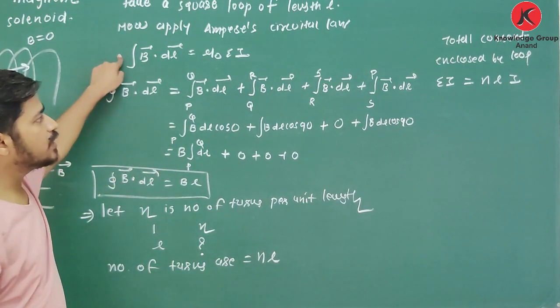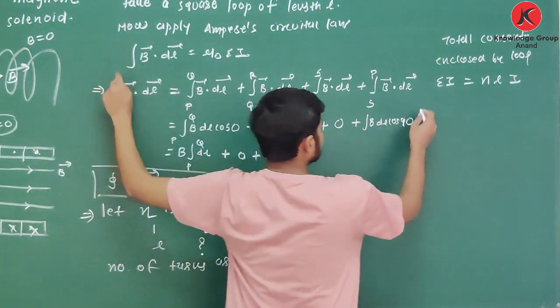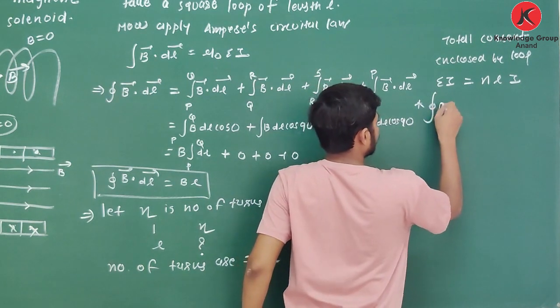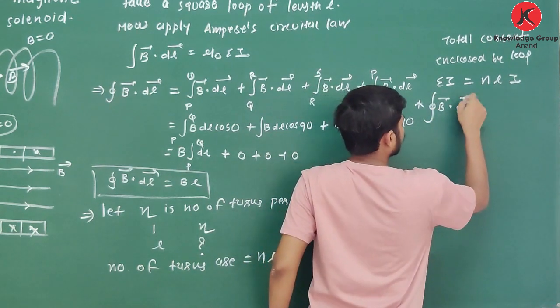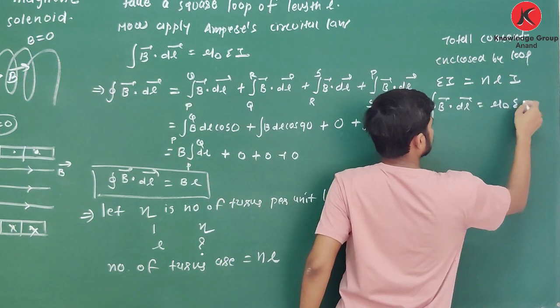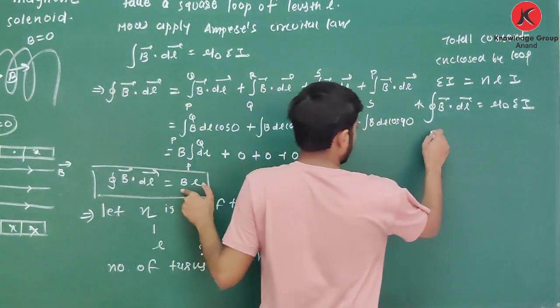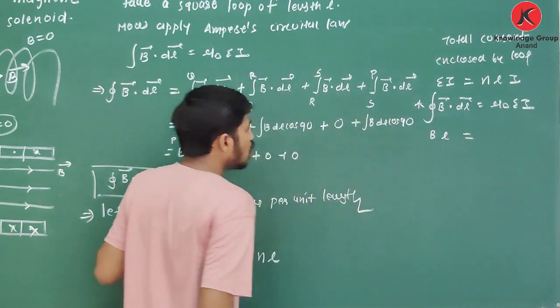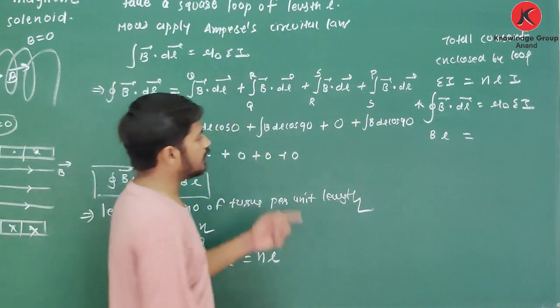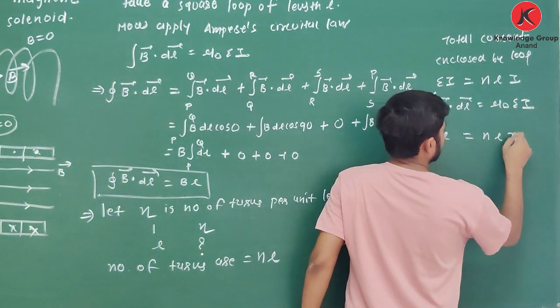Now use Ampere's circuital law: integration B dot dl is equal to mu 0 sigma I. What is the answer of integration B dot dl? It is BL. What is the equation of sigma I? Here it is nLI.